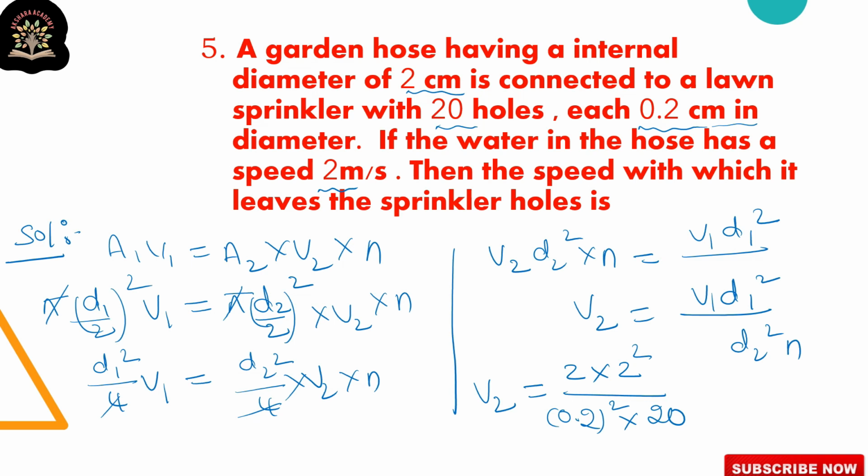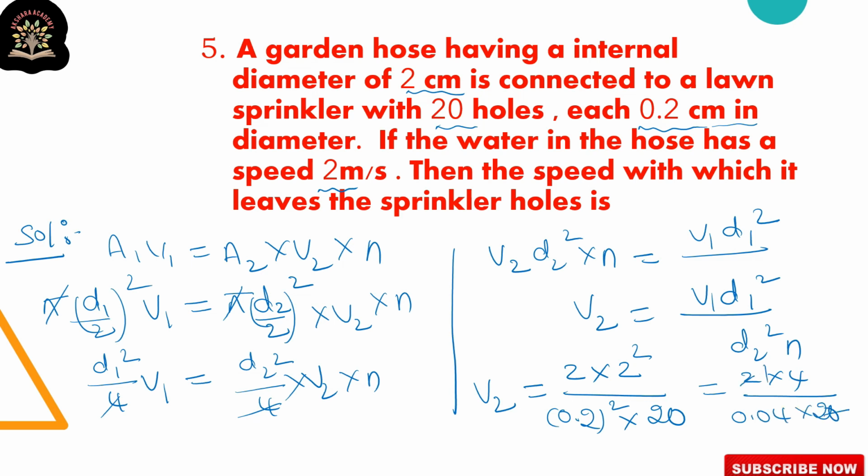Next, 2 into 2 square is 2 into 4, divided by 0.2 whole square, which can be written as 0.04 into 20.